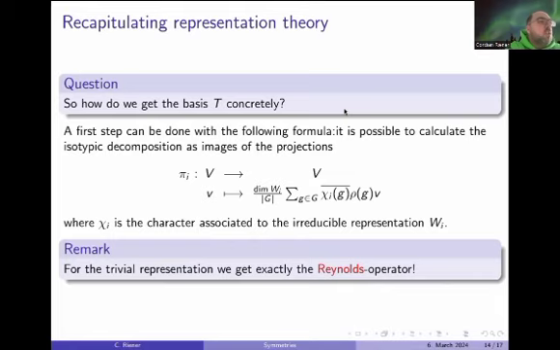Just to make this remark clearer, if my character comes from the trivial representation, one can immediately see that for every element g, this will be just one. So I essentially sum up over all group elements my operator rho_g, and the dimension will be 1 here, so I divide just by the cardinality of the group.